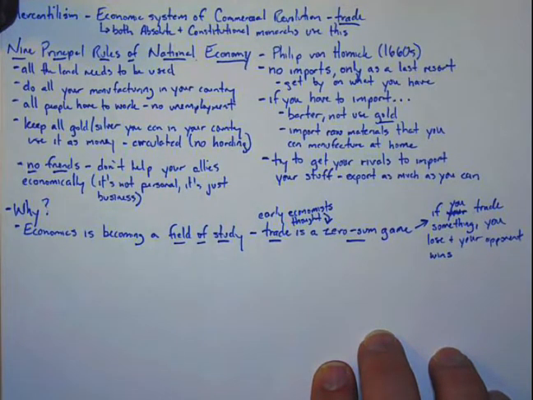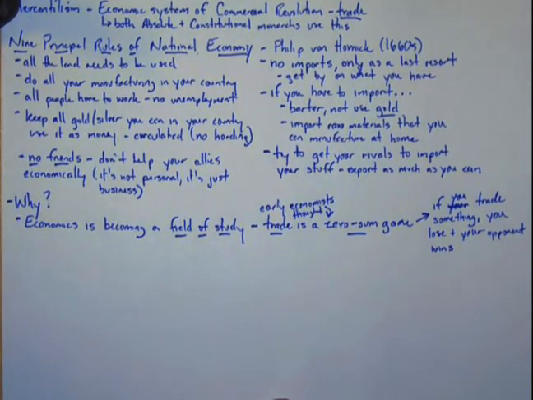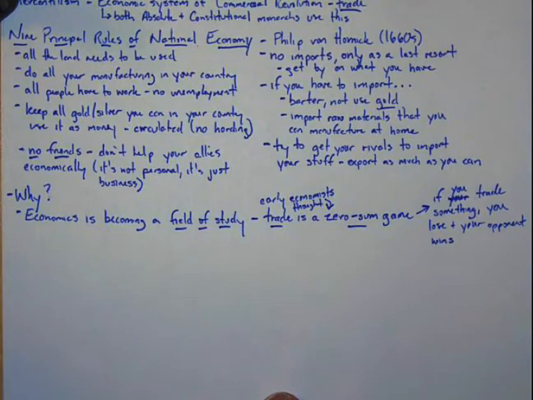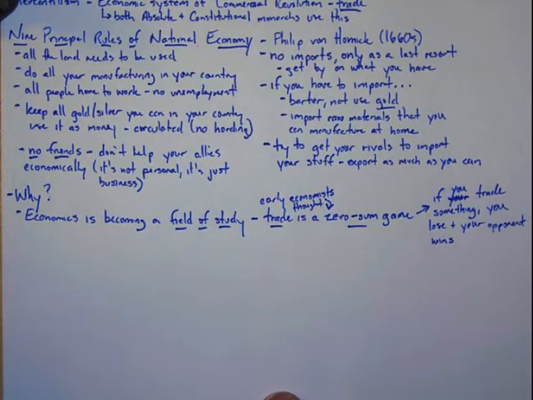So if you send away gold, that means that you have lost and your opponents have won. And so this is kind of the early idea of economics. It's going to get replaced actually pretty soon, but at the moment, that's what most economists think.